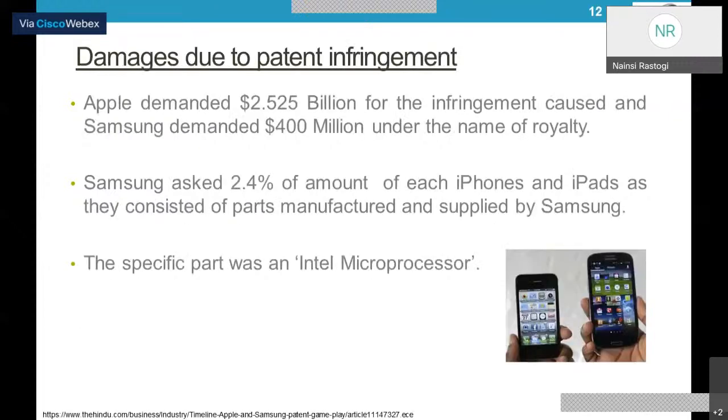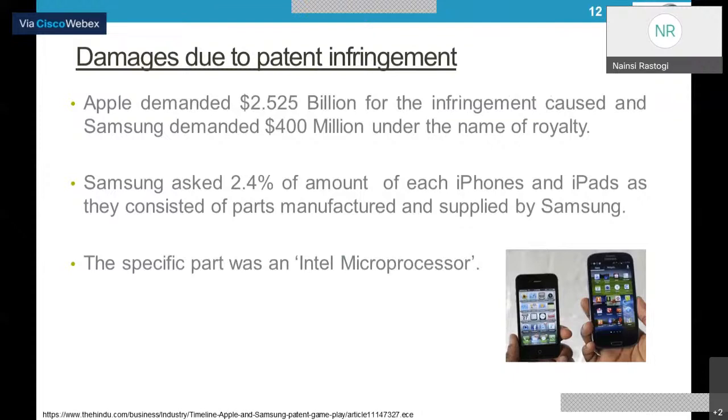This was how the case ended, with mutual discussion, with internal discussion, but a huge cost was involved as well. Apple demanded almost $2.5 billion for the infringement, and Samsung demanded 400 million under the name of royalty, because Apple was using some of its patents.